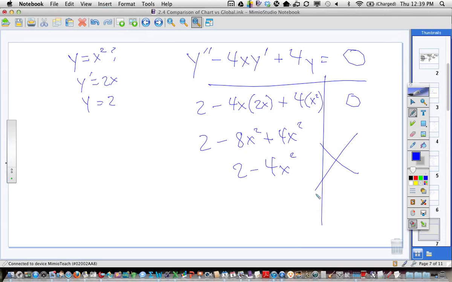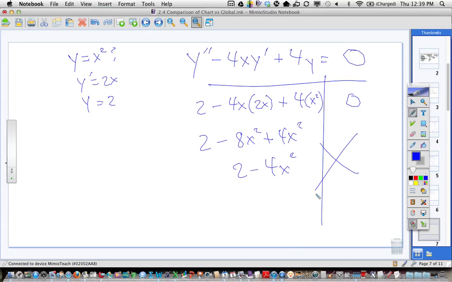Okay. Now, somebody asked me, when they give you one, can you assume it's going to be true? Well, obviously not there. But the directions there were a little different. They said decide whether this is a solution, right? When they say verify that this is a solution, probably the one I'm going to give you, because a lot of times what we want to do is first verify that it is a solution, and then go ahead and work with it.